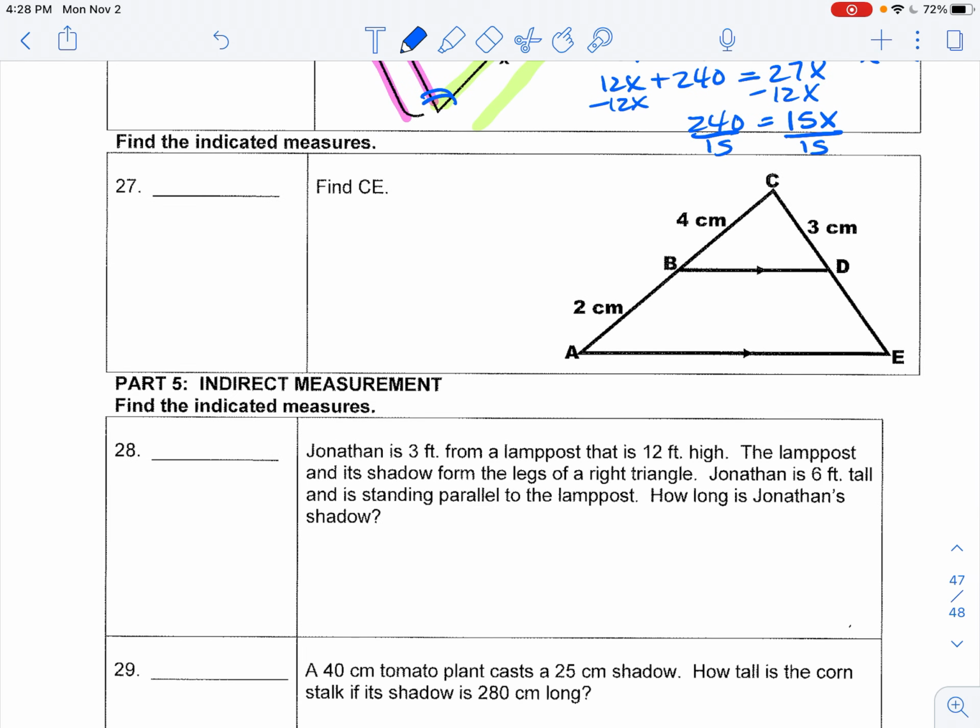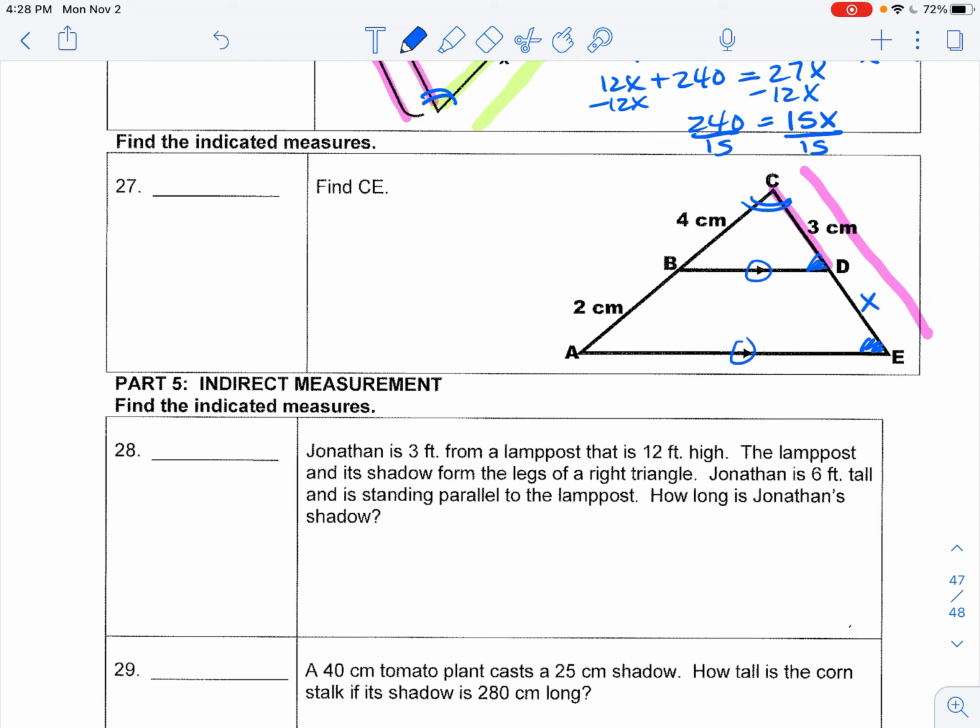In problem 27, find CE. Okay, so we do know that these are parallel, so we've got corresponding angles. They share the angle at the top, so these are similar triangles. Let's set up a proportion. I want to find CE, so I'm going to have short 3 over, and we could work this a couple of different ways.